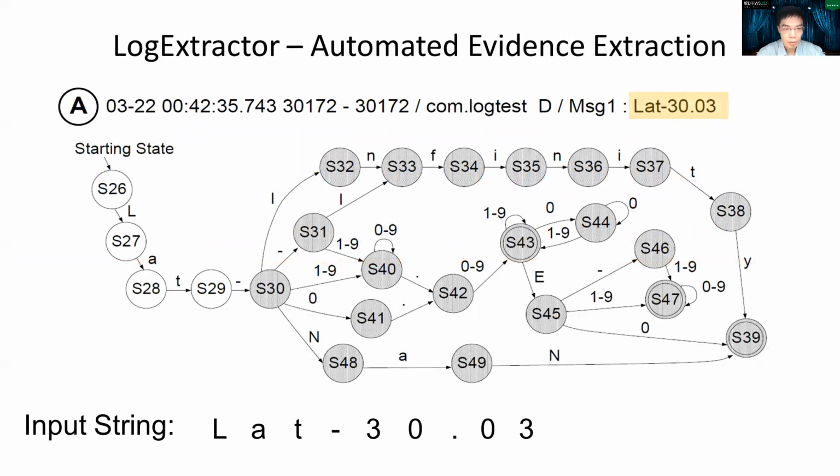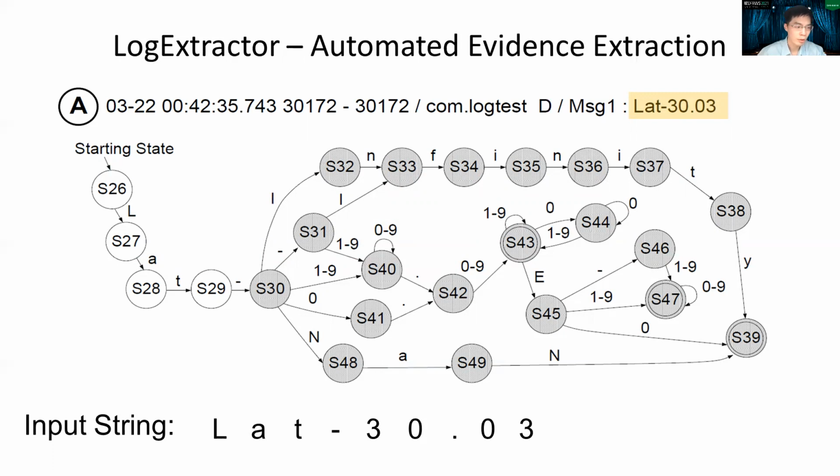Using the aforementioned example for message A, let's quickly go through the example to see how an ideal automation tool like LogExtractor should work for extracting the actual evidence on the log message body part, which is highlighted in orange. Later, we will repeat this example with more technical details. Given LogExtractor has the analysis result as the state diagram in the center, and an input string at the bottom left, we walk the state diagram based on the input characters one by one, then output the result at the bottom right.